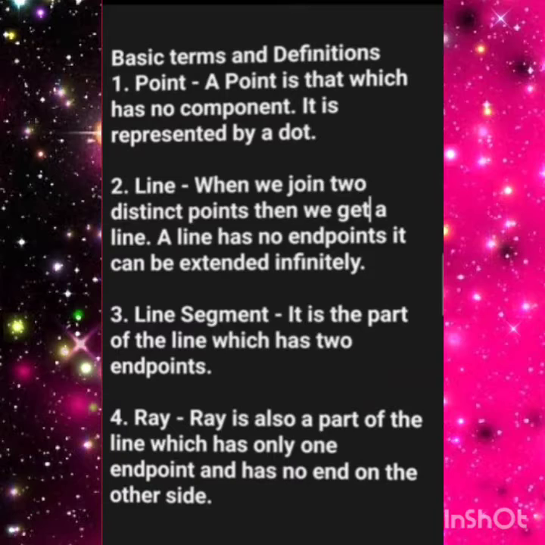Now let's work on the ray. The next definition, ray. What is a ray? A ray is also a part of the line which has only one end point and has no end on the other side. You know very well, dear student, generally we define a ray this way. Only one end point you are finding here. Dear, if you say this end point is O, you are defining it with O, then this ray OA can be written as ray OA, okay?